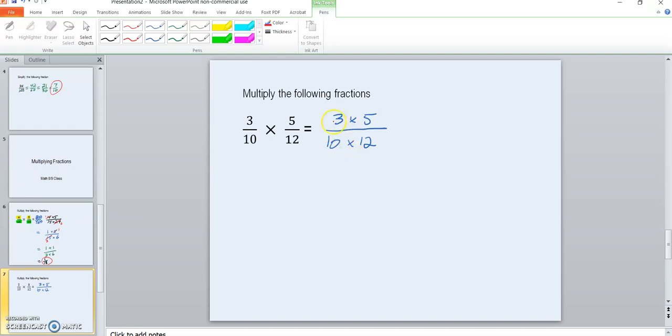So I can see that the 3 and the 12 can both be divided by 3. Which leaves me with 1 times 5 and 10 times 4.